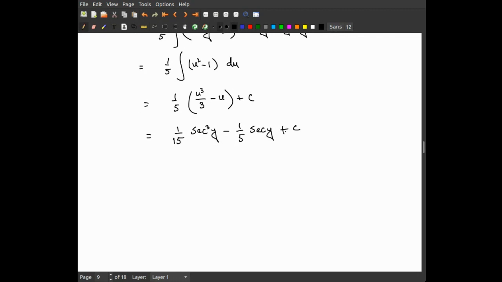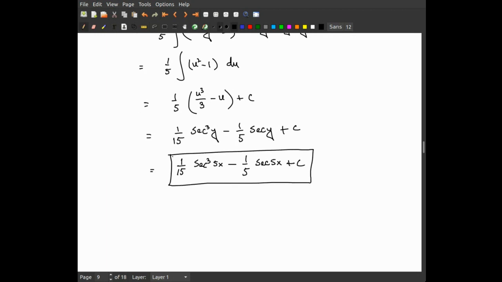But again, y is not acceptable because look at the problem, it is in x. So that value also needs to be replaced. So 1 over 15 secant cube, with y equal to 5x, and 1 over 5 secant y, instead of y you have to write 5x, plus c. And now we are done.